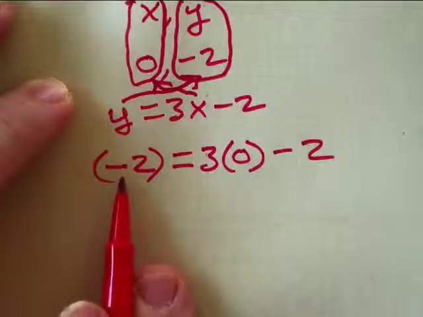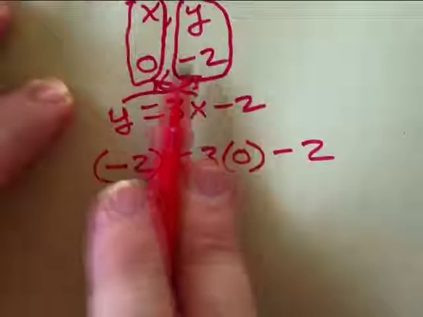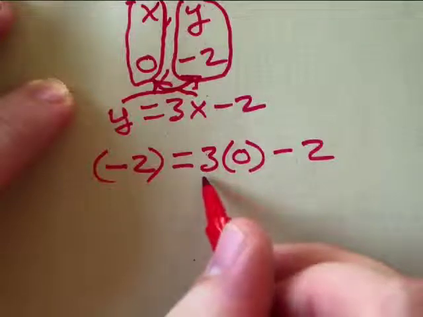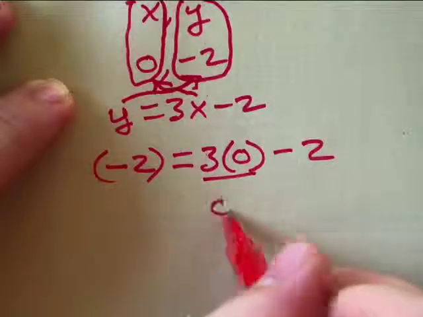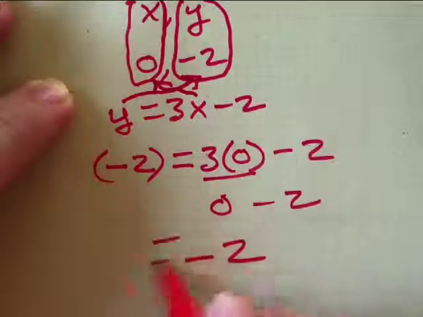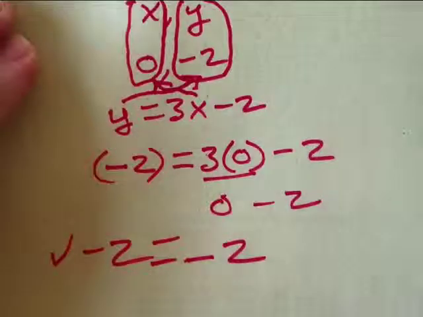So you see how I just plugged in the y and the x for what we know we have up here. Okay, let's solve it and see if it's true. 3 times 0 is 0. 0 minus 2 is -2. Does -2 equal -2? Yes. Okay, so we know that that part of the statement is true.